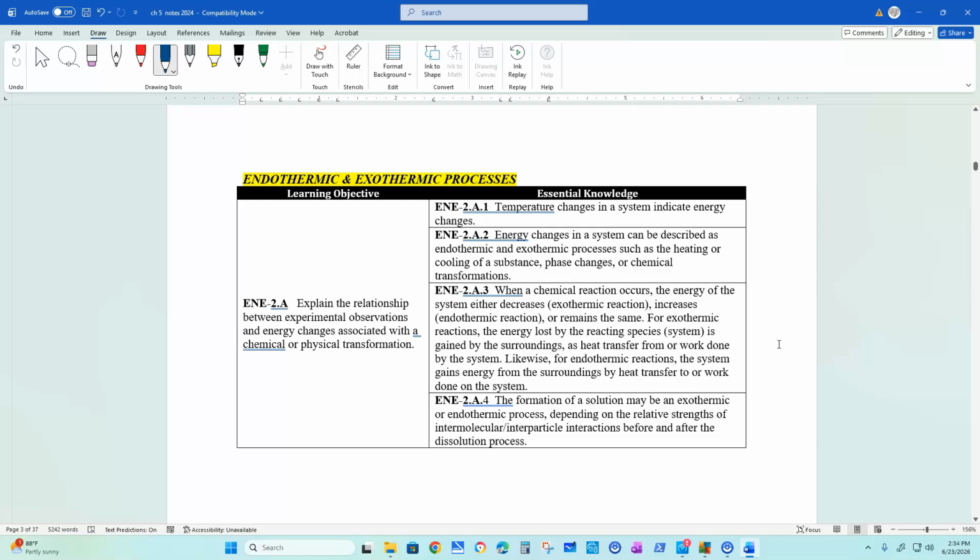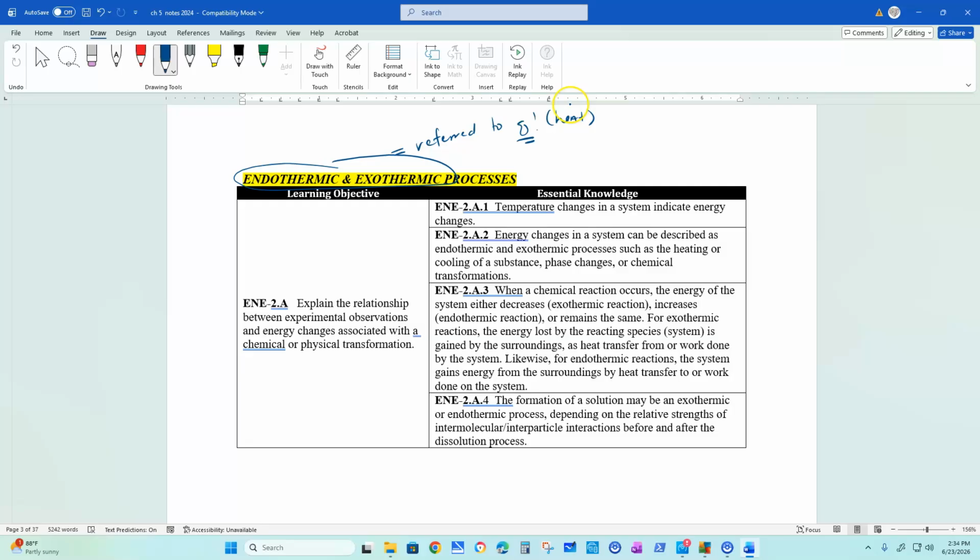So here is our first learning objective, and it has to do with endo and exo, okay? Now, when you refer to endo and exo, it can only be referred to Q, okay? Not energy, okay? To Q, because this has to only apply to heat.